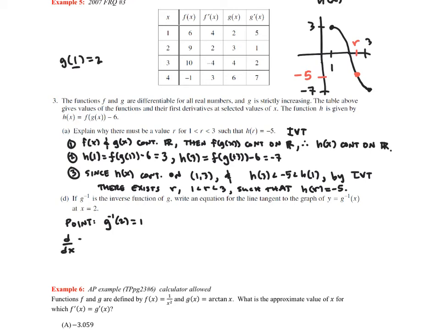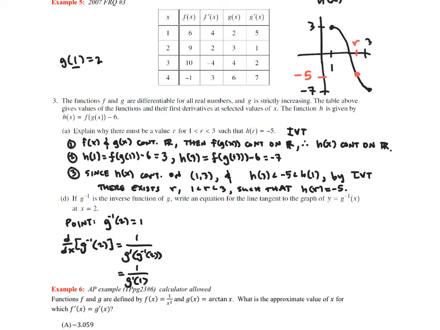Now I also need a slope. I want the slope of g inverse located at x equals 2. That will be equal to 1 over g prime of g inverse of 2. So g inverse of 2 we said was 1.